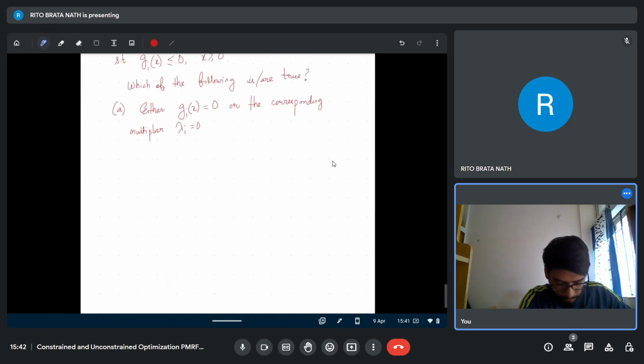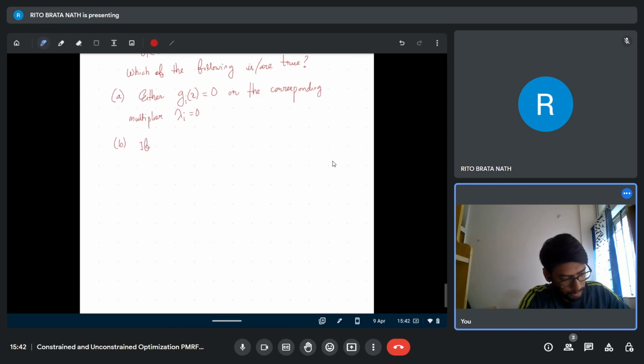B is if g_i(x) is 0, then lambda is 0. C is either of A or B can be true, and the final one is none of these.